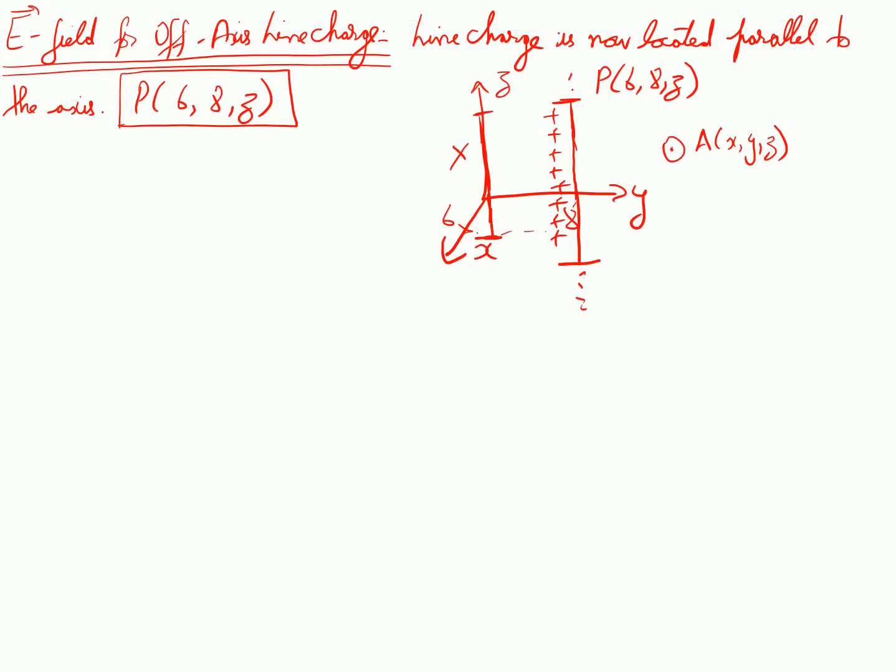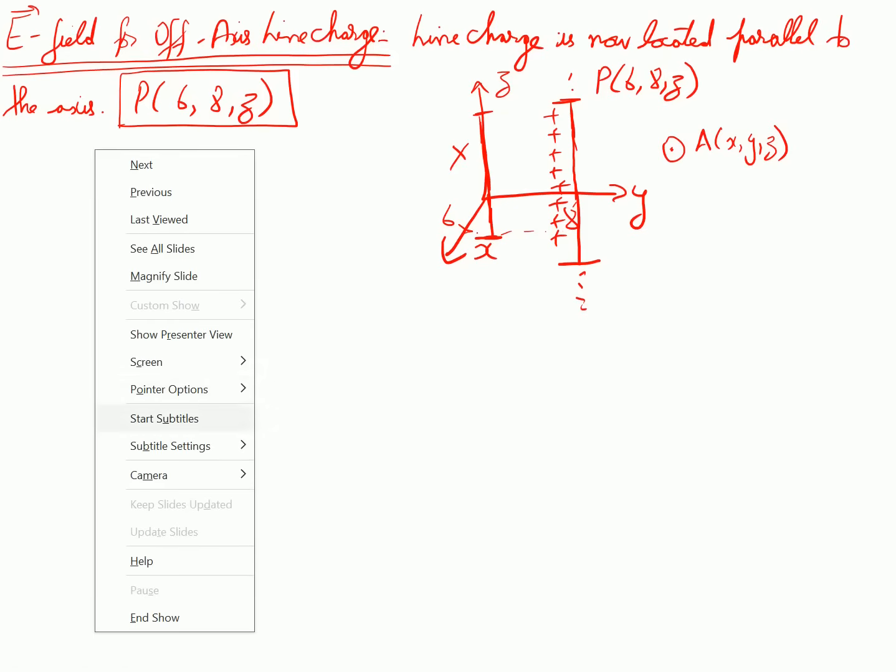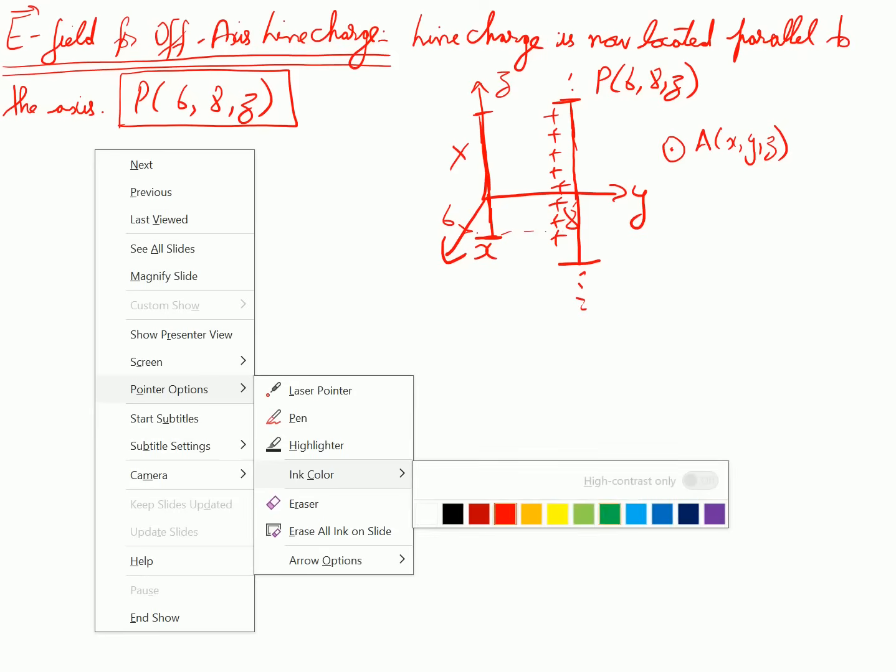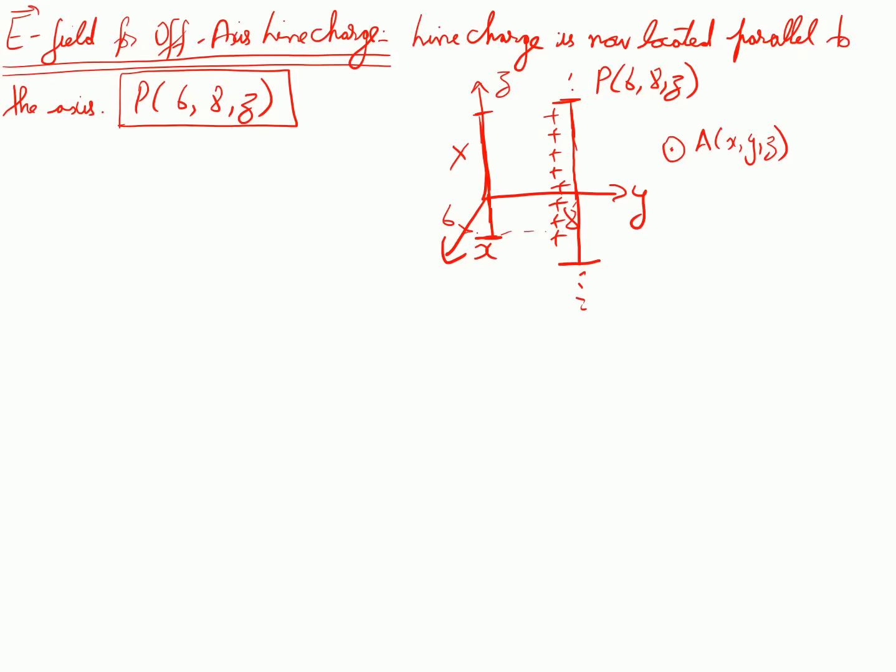Another point to remember is that whenever we are dealing with point charges, we move from the charge, say from this dq charge to this point A where the test charge is.